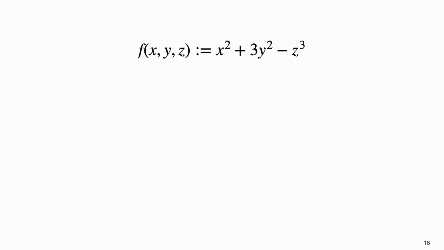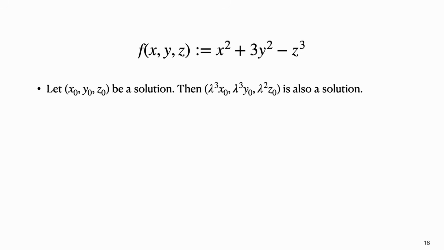And the idea is to note that if we have a solution for this equation, let me call it x naught, y naught, z naught, then we can scale by any constant lambda that we can come up with. We can scale by taking lambda cubed and lambda squared.